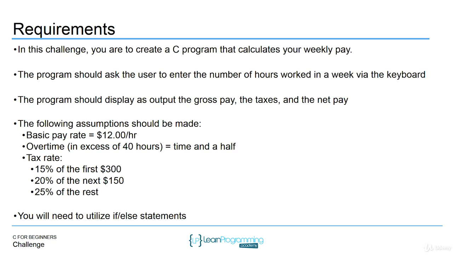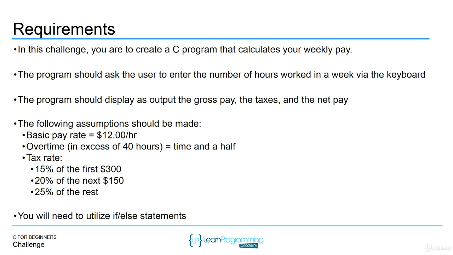Now the taxes are going to be calculated differently for that entire 570. For the first 300 that you make, you're going to have a tax rate of 15%. So you want to tax 15% of 300. And then from 300 to 450, which is $150, that's going to be taxed at a 20% rate, only the 150. And then whatever is made more than that, you're going to tax at a rate of 25%. So don't confuse these tax rates.